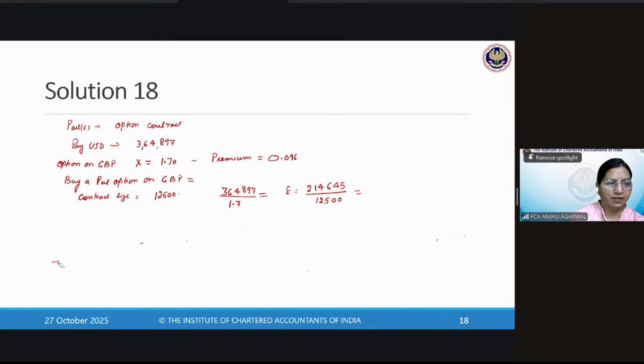you will do this part in 3 steps. Contract size 12,500, pounds required to sell: 364,897 divide by 1.7, which is equal to pounds 214,645. Then you will calculate the number of contracts.